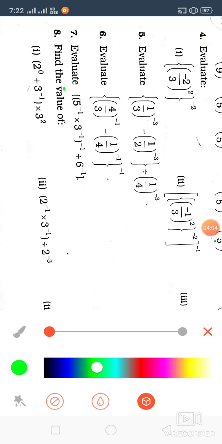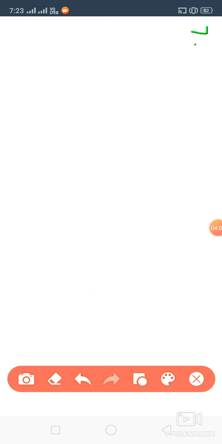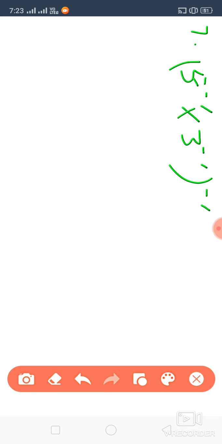So now we'll solve question number 7. Okay. Let's see. So what is given here? (5^-1 into 3^-1) and its whole to the power minus 1, divided by 6^-1, whole bracket.